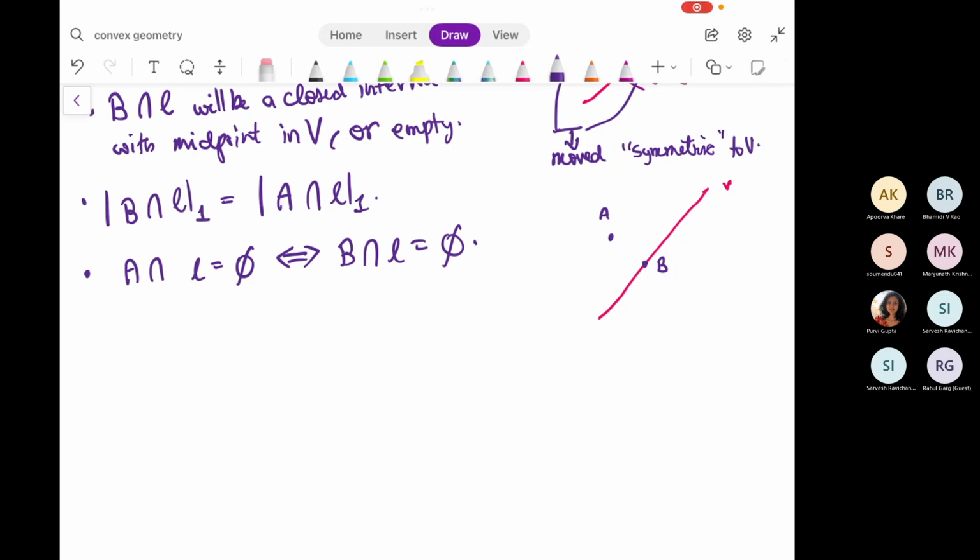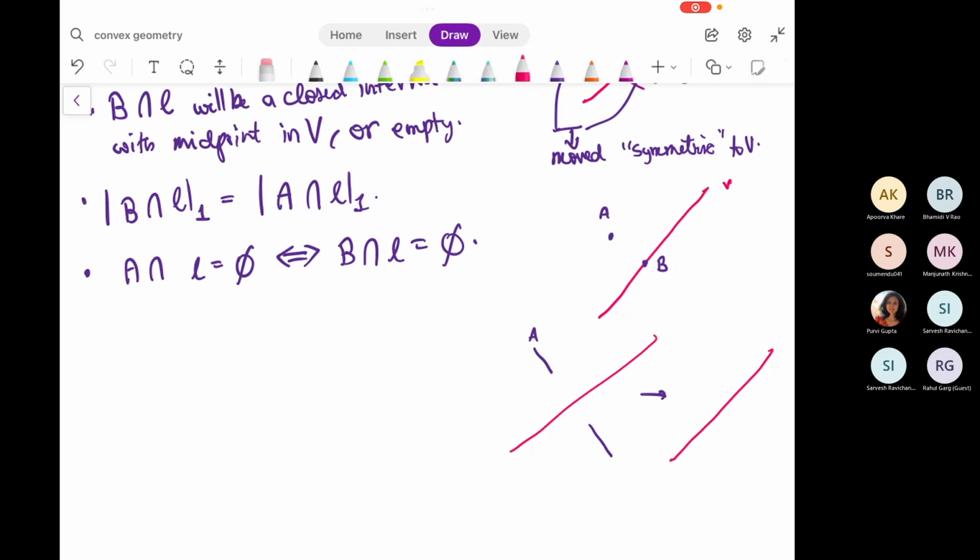So the doubt is as follows. What if, for example, the intersection of A with V looks like this? If this is A, then let's say this is V. You find the total length of those intervals.